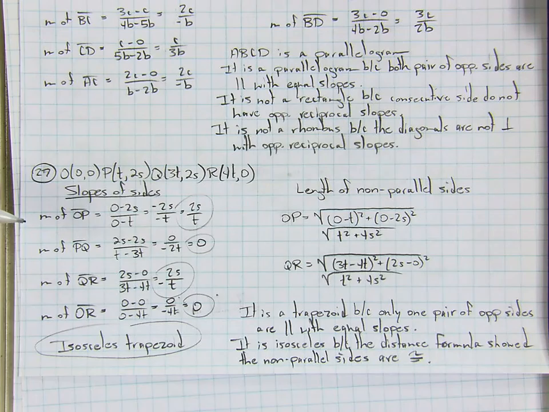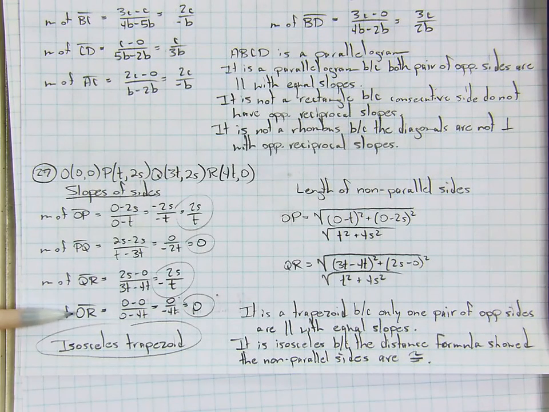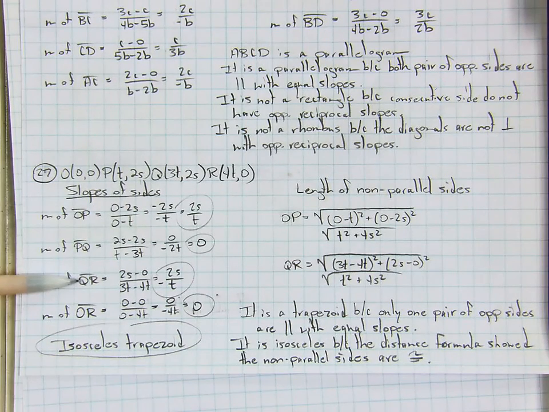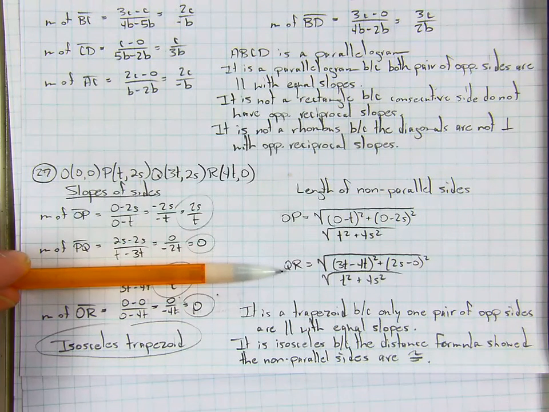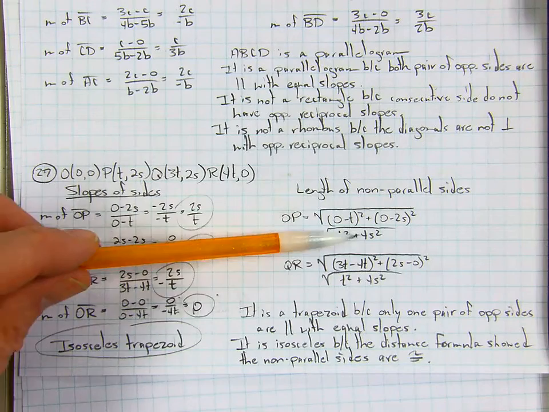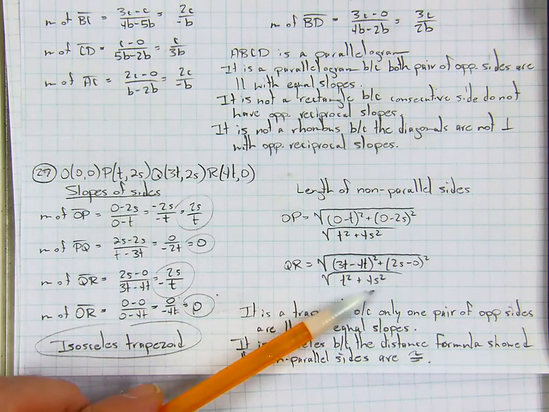So now we want to know, is it isosceles? I take the 2 sides that are the non-parallel sides. PQ and OR are the parallel sides, so we use OP and QR and find their lengths using the distance formula. I got OP is the square root of T squared plus 4S squared, and QR is the square root of T squared plus 4S squared.